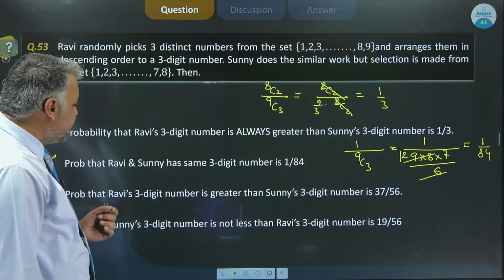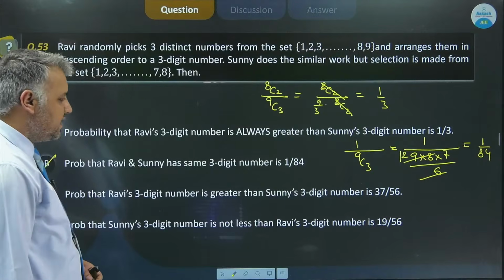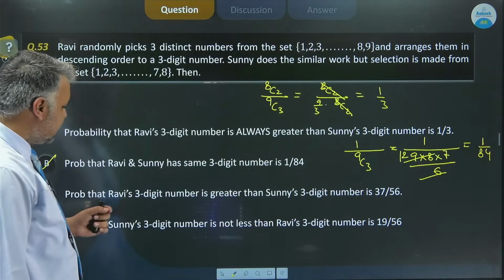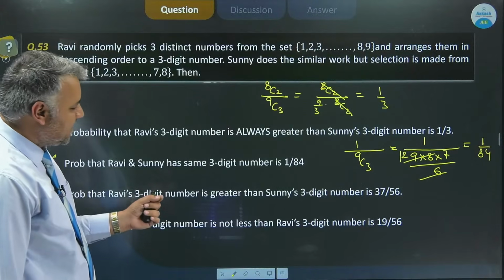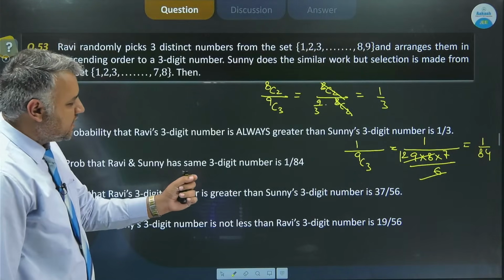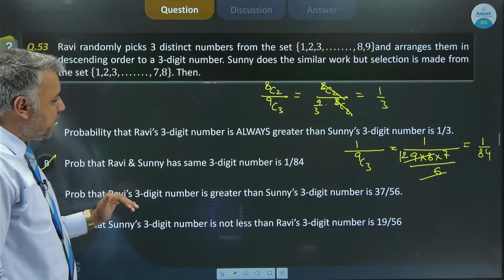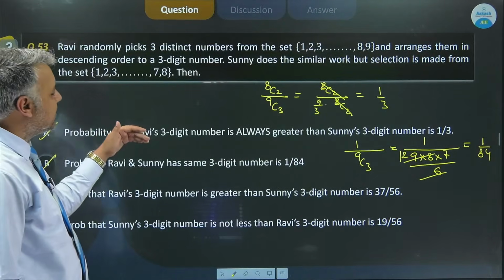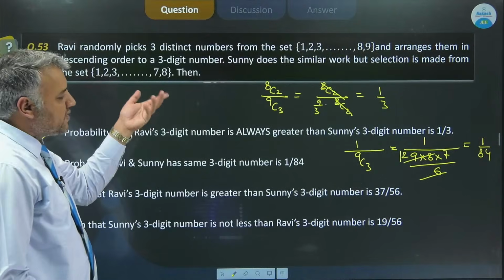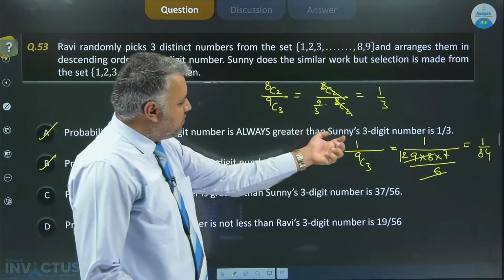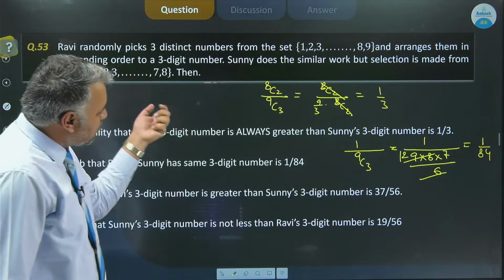Probability that Ravi's 3-digit number is greater than Sunny's 3-digit number. Now in option 1 and option 3, there is a little difference: in option 1 he was saying that Ravi's 3-digit number is always greater than Sunny's, meaning whichever number Sunny forms, Ravi's number is always greater.